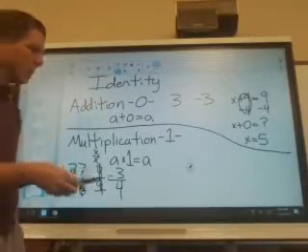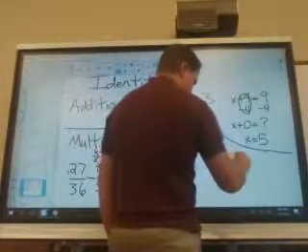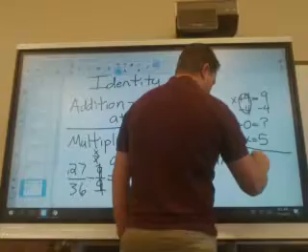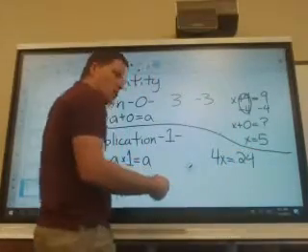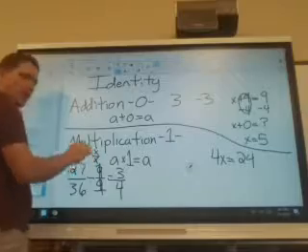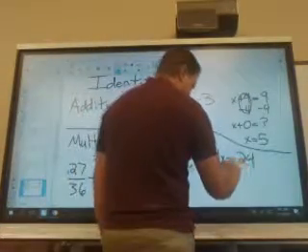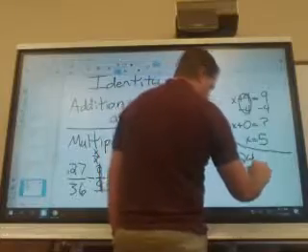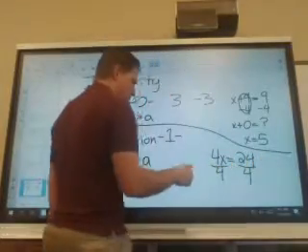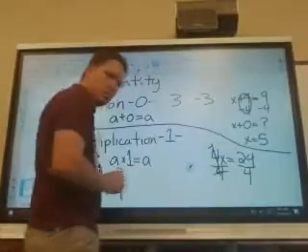Okay? Just like when we have 4x equals 24. How do we solve this? Okay, we want the same thing on top as on bottom. So we divide this by 4. And we have to do the same things to both sides with the equal sign. Here I now have 1x.